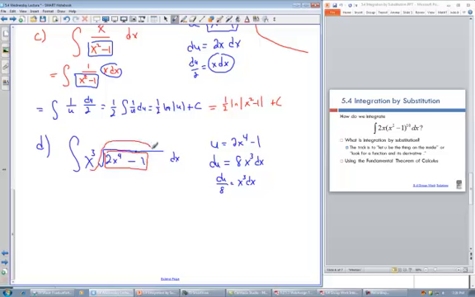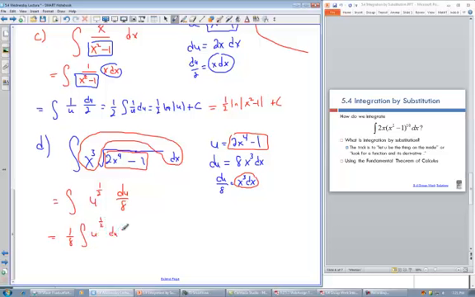And then x cubed dx is actually du over 8. So this is equal to the integral of u, and it's a square root, so I'll put u to the 1/2, and x cubed dx is du over 8, and you can pull out the 8, so that's 1/8 the integral of u to the 1/2 du.